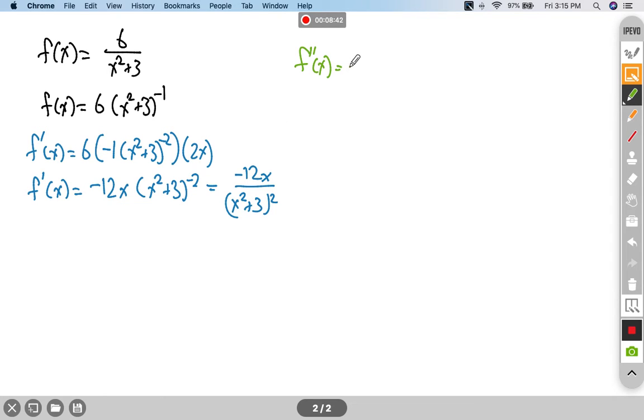So we're going to take the first times the derivative of the second. And again, this is a chain rule as well, or general power rule. So we're going to go negative 2 times (x squared plus 3) to the negative third times the derivative of x squared plus 3.